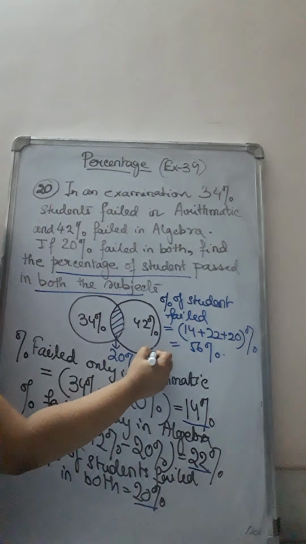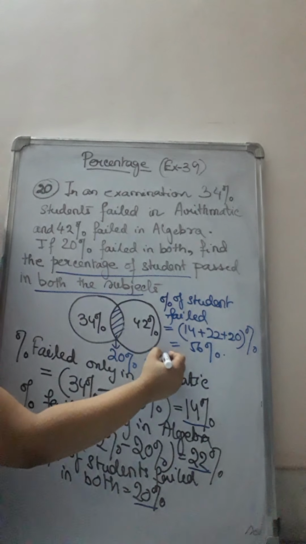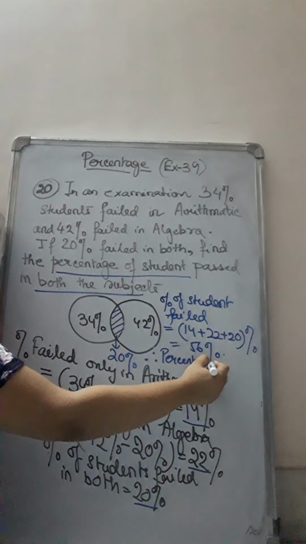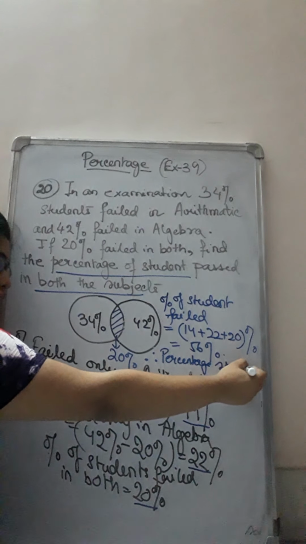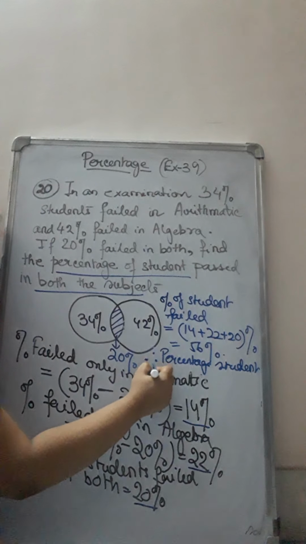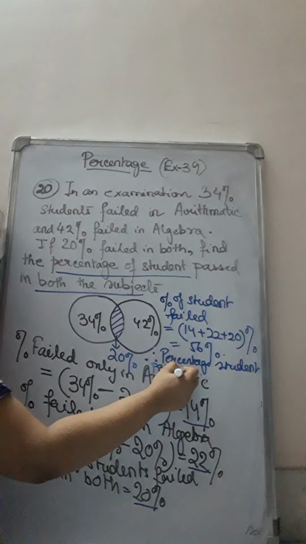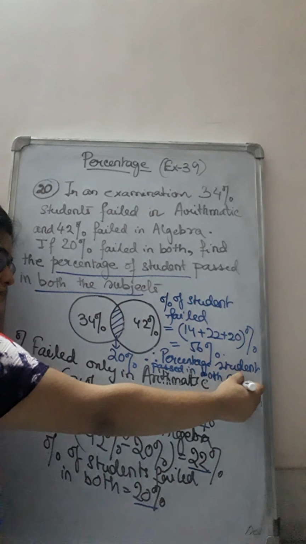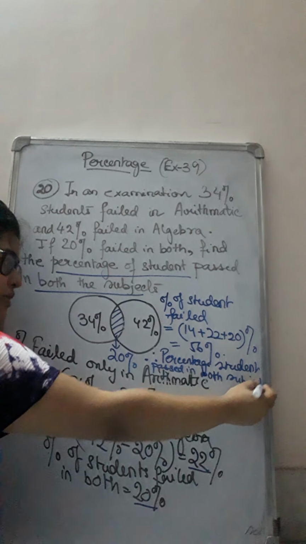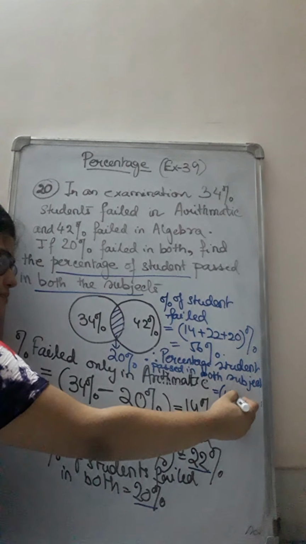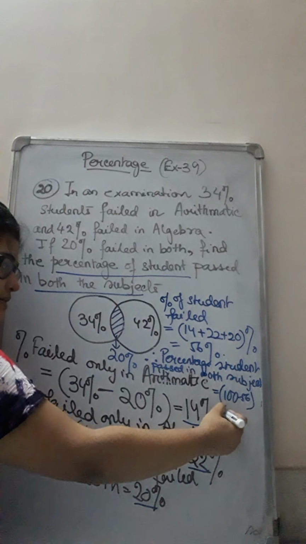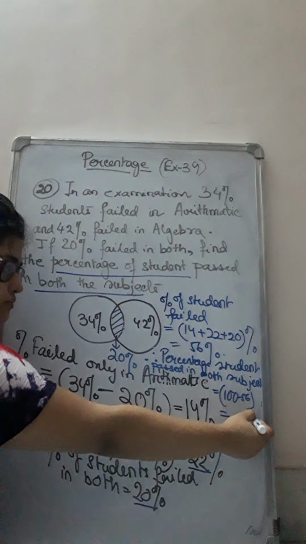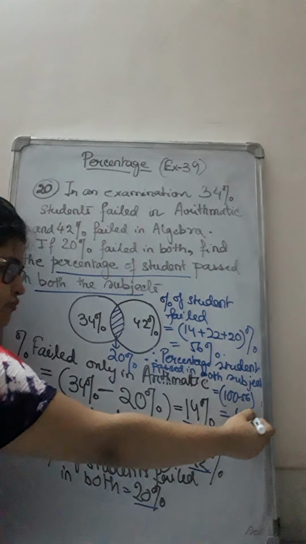So therefore, at the end, percentage of student passed in both subject will be equal to 100 minus 56. That is equal to 44%.